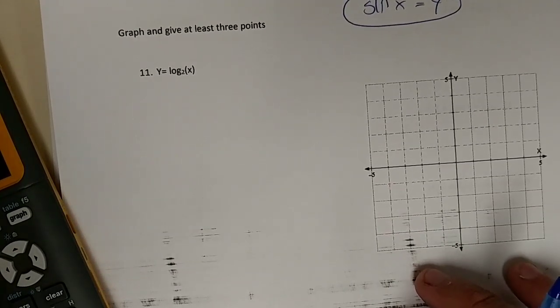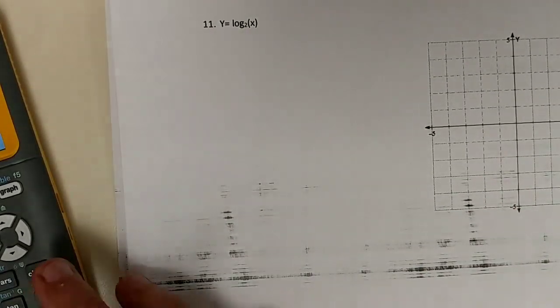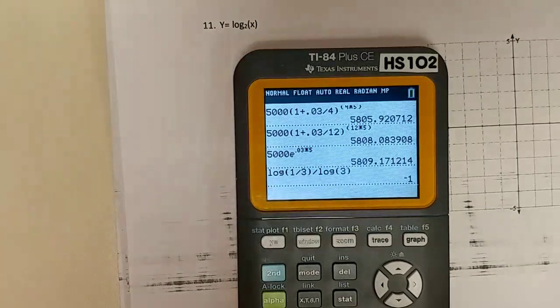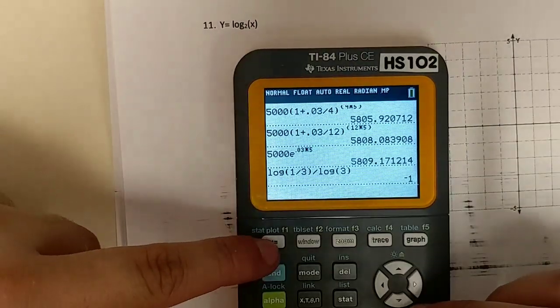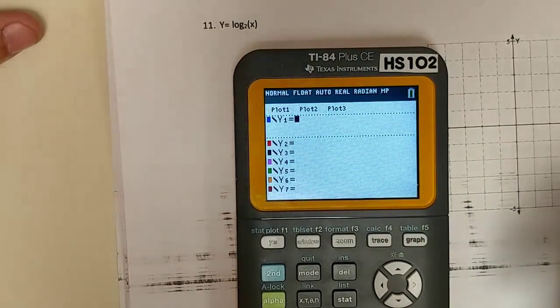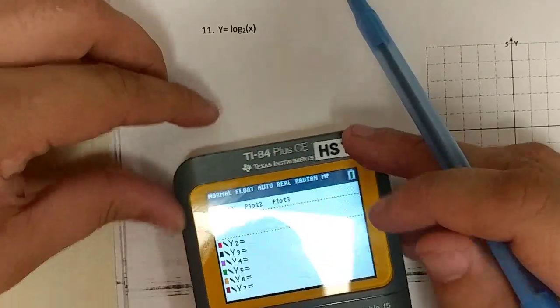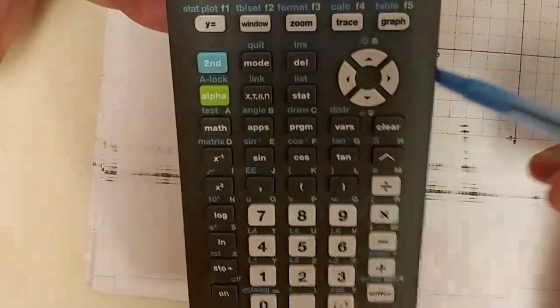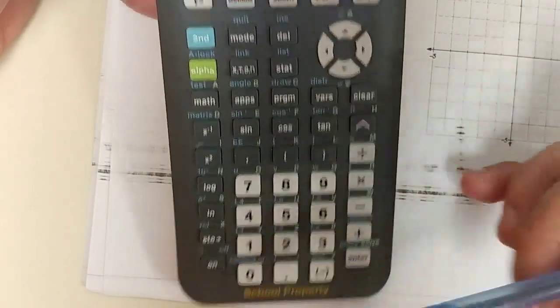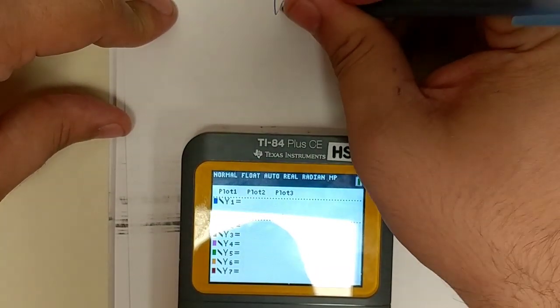Okay. Give at least 3 points for this. I showed how to do this by hand, and then I retracted it because it's so hard to do by hand. So I'm going to cheat and use the calculator. I'm not cheating, I'm using the tools available to me, which is the calculator. Now my problem is it's a log base 2, and I only have a log button and an ln button. So I have to use the change of base formula.